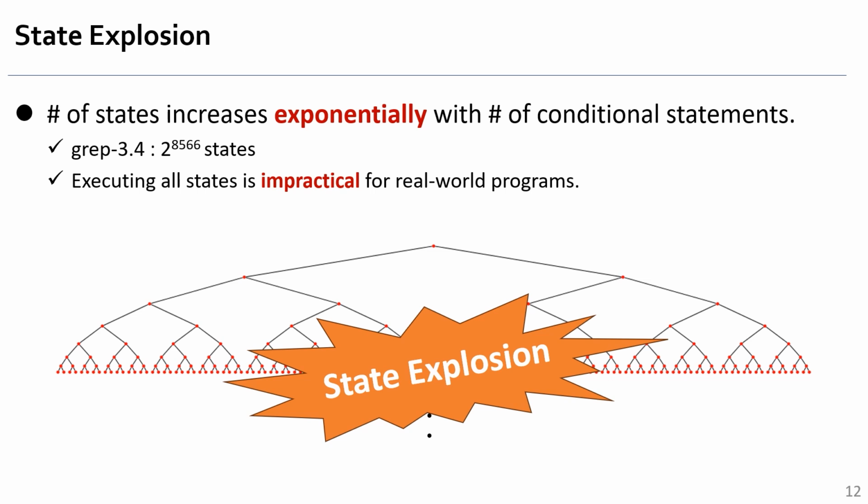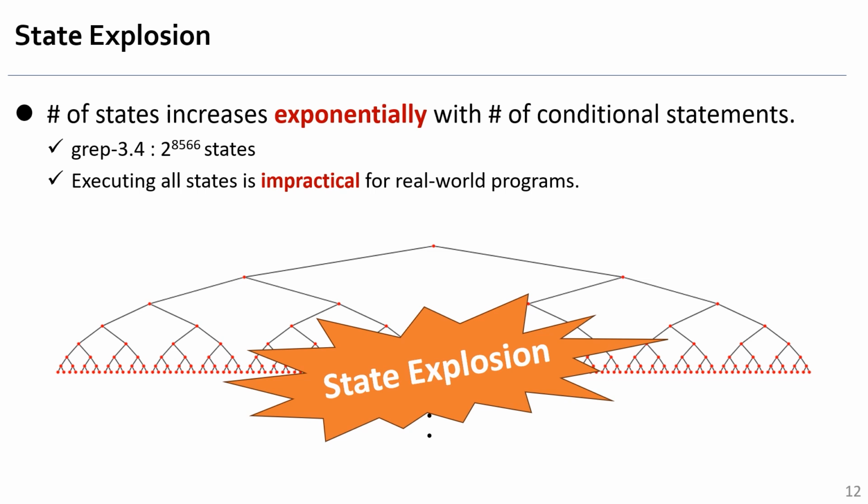Then someone can say, how about executing all the states in the program? However, it is not that simple a problem because of the state explosion. The number of states increases exponentially with the number of conditional statements. For example, grep has more than 80,000 states in its code, and there would be very many states generated by grep.